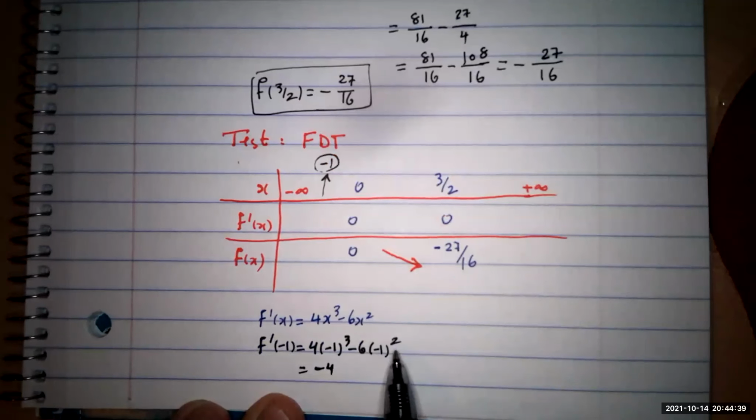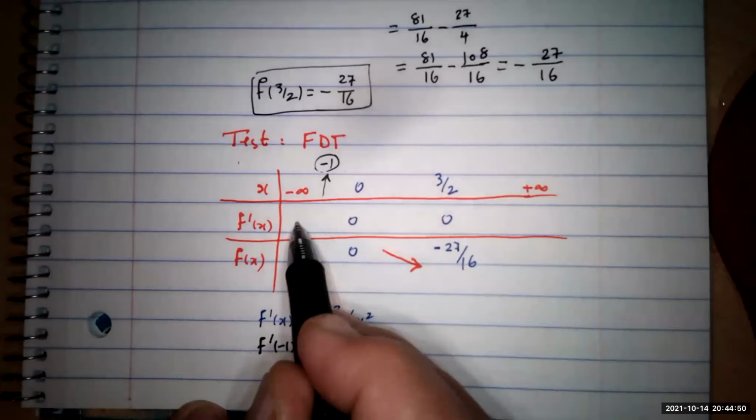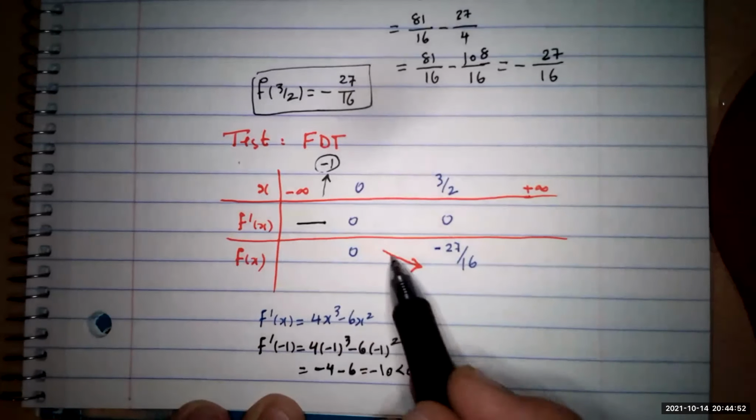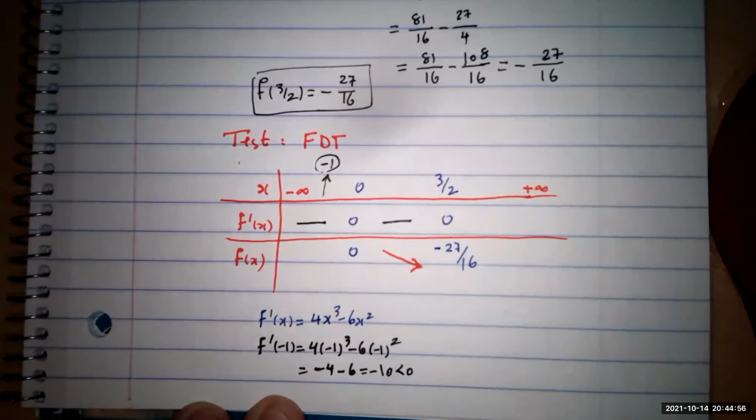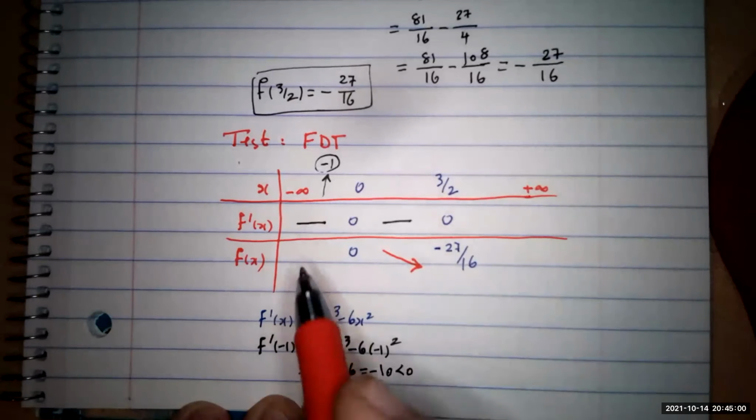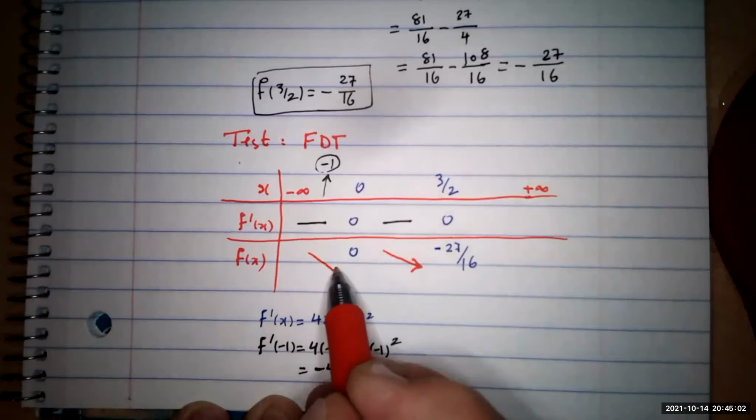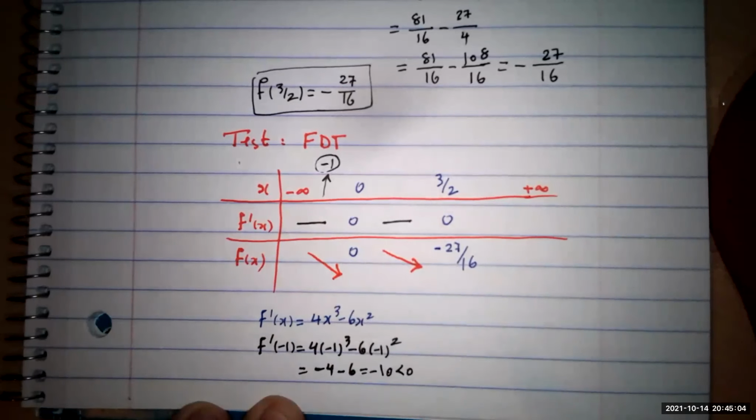Negative 1 squared is positive, times negative 6 is negative 6. So that gives you negative 10, which is negative. So this is already negative. Negative, negative. So in this direction, that was a critical point, but you don't see any changes.